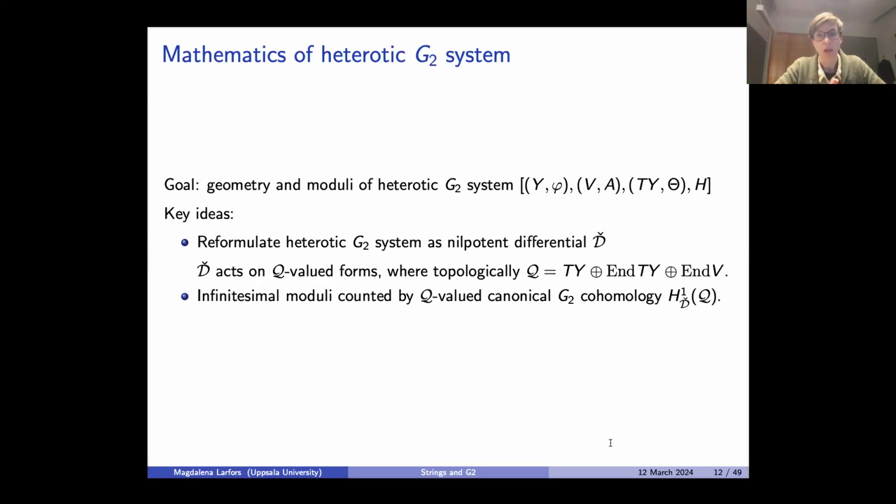When I talk about moduli, I will only talk about infinitesimal moduli, so this is really a deformation study.